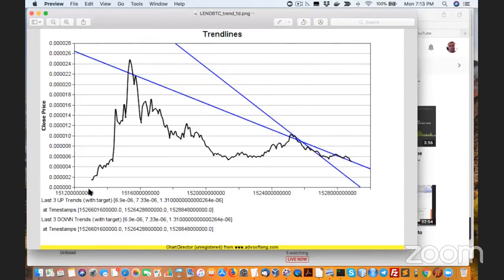So for instance, in the Fibonacci, we have all of those different levels that we can use for different factors to gauge an entry and an exit. So here with the trends, these are no different, and it's very difficult to be able to determine a trend line.